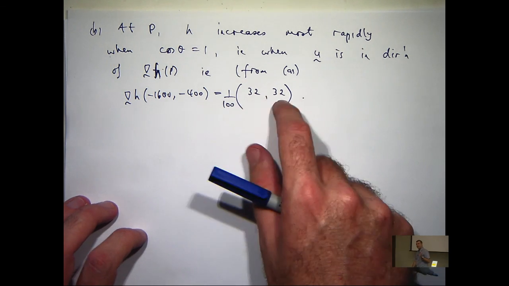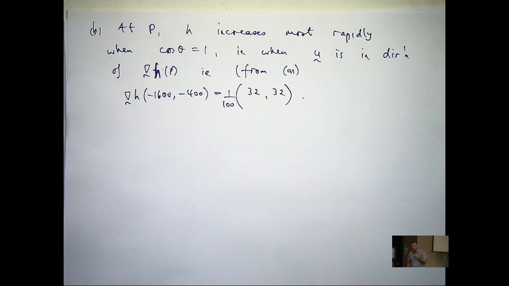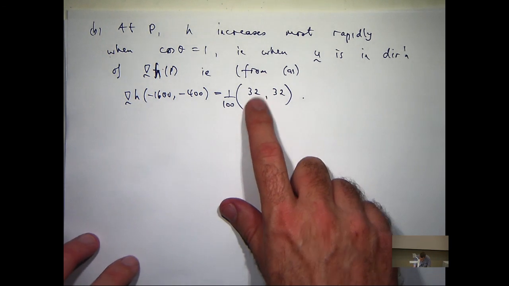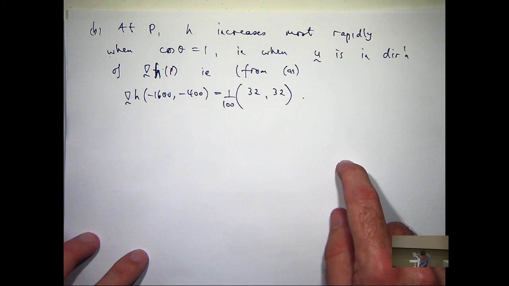So what sort of direction will that vector u be pointing in? For every 1 unit we go towards the east, we have to go up 1 unit, right?